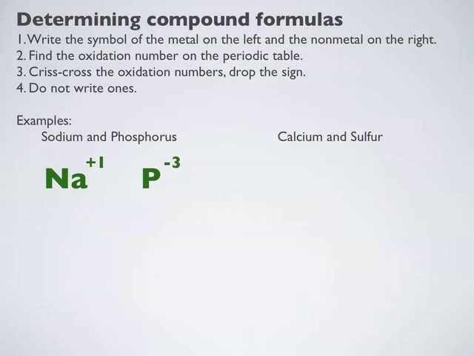So when sodium and phosphorus form a compound, Na3P. No, because, and that should make sense. Why? What are metals looking to do to become stable?